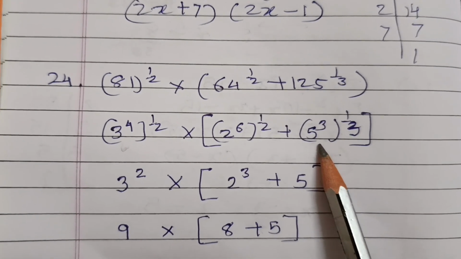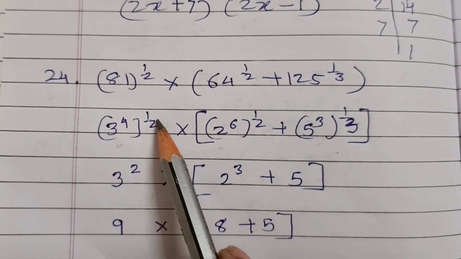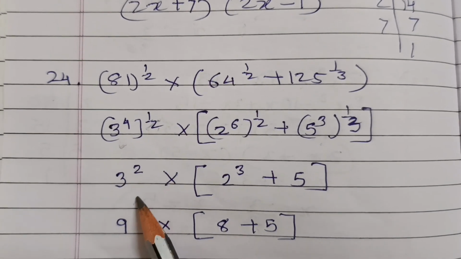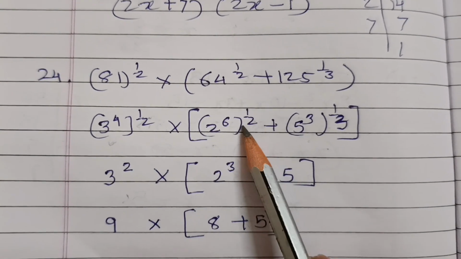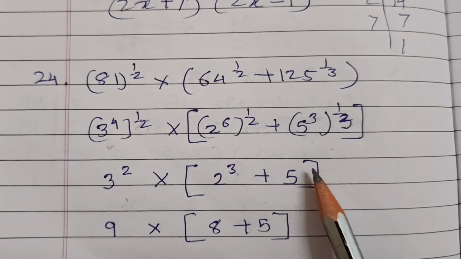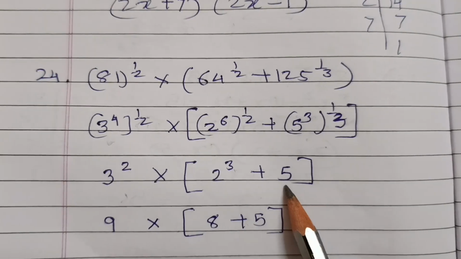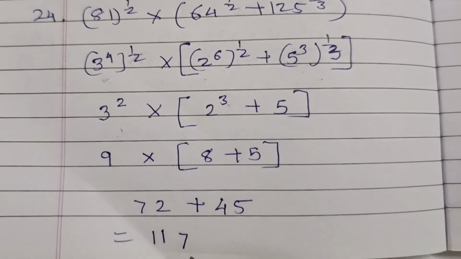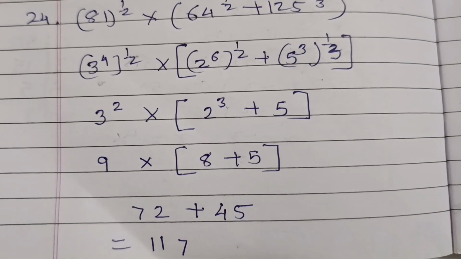So using the laws of exponents, here we are getting 3 square, 2 to the 2, and the 3s cancel. So after solving this, we are getting the answer 117.